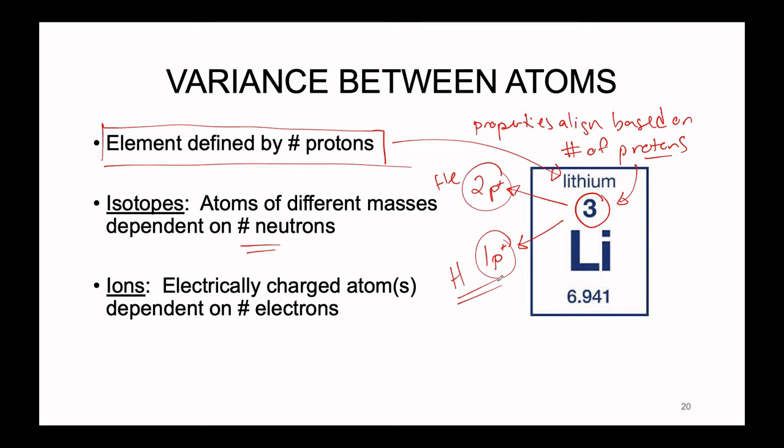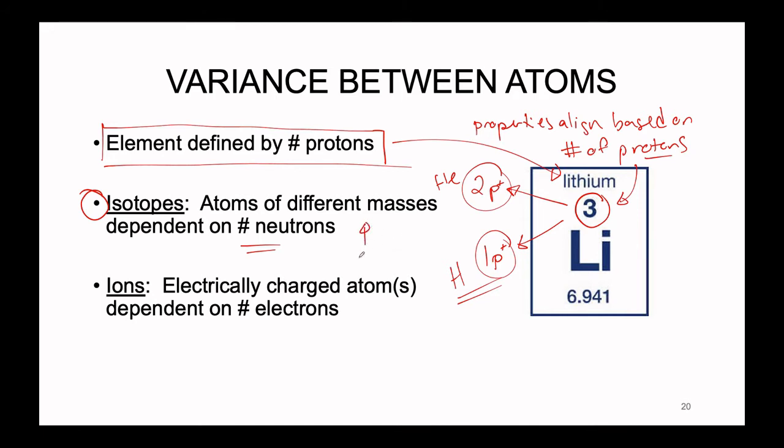All right, there is some variance between atoms though. If one atom has a different number of neutrons compared to another atom, these two things are known as isotopes. So by technical definition, again, just rewording what I just said, atoms of different masses are going to depend on the number of neutrons they have. So if the proton defines the atom, if one atom has a greater number of neutrons, it's going to have a greater mass compared to a different atom which has fewer neutrons and it'll have a lesser mass.